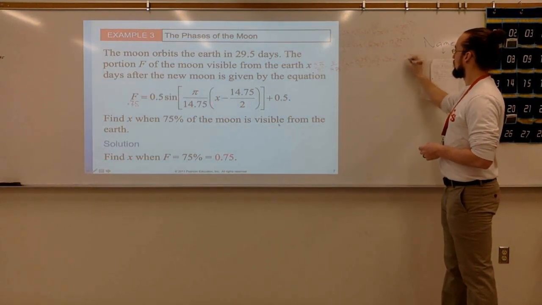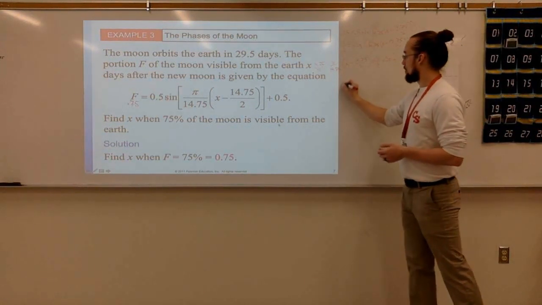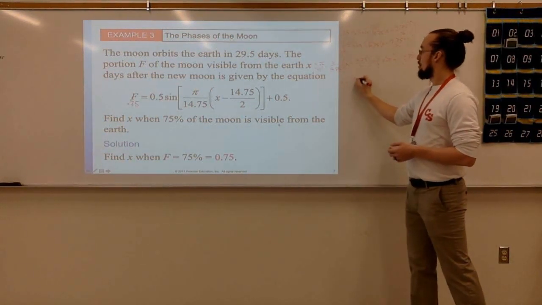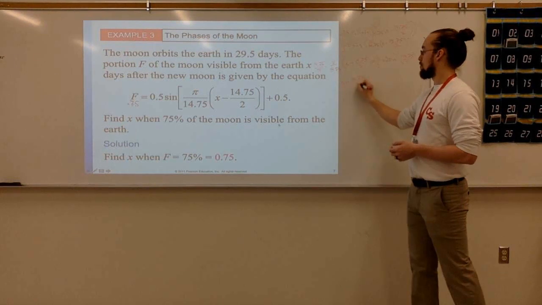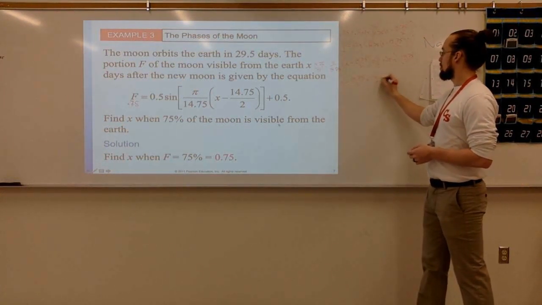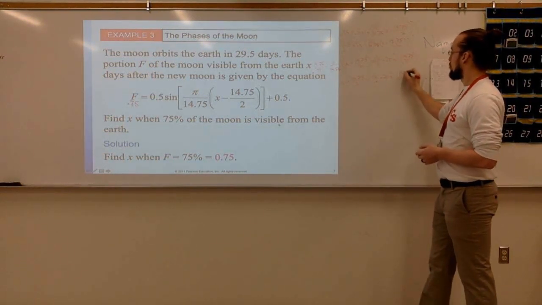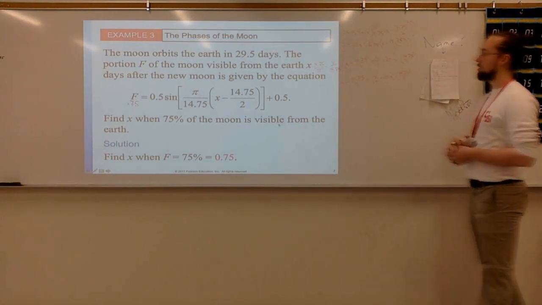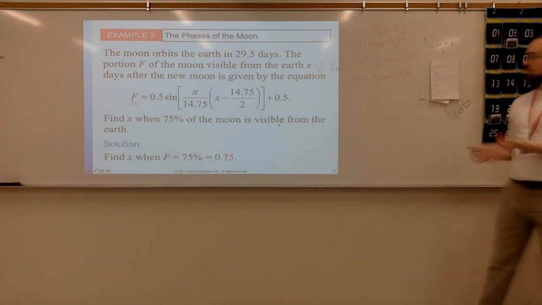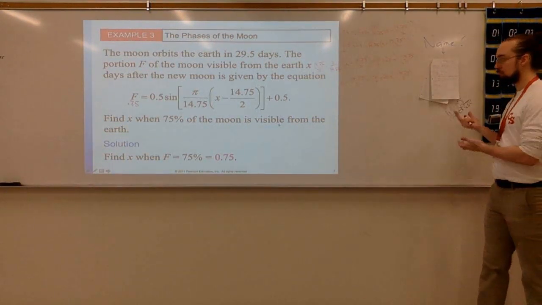So now we just have x minus 14.75 over 2 equals pi over 6 plus 2 pi n times 14.75 over pi. And then finally, to get x by itself, I would add this 14.75 over 2 to the other side.